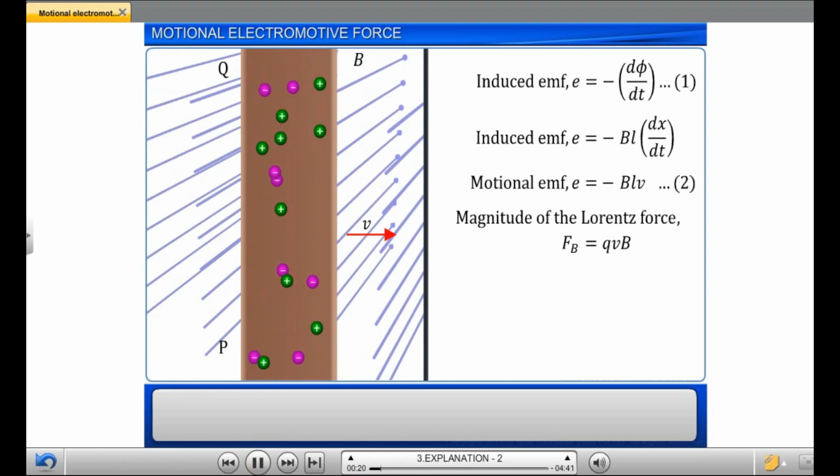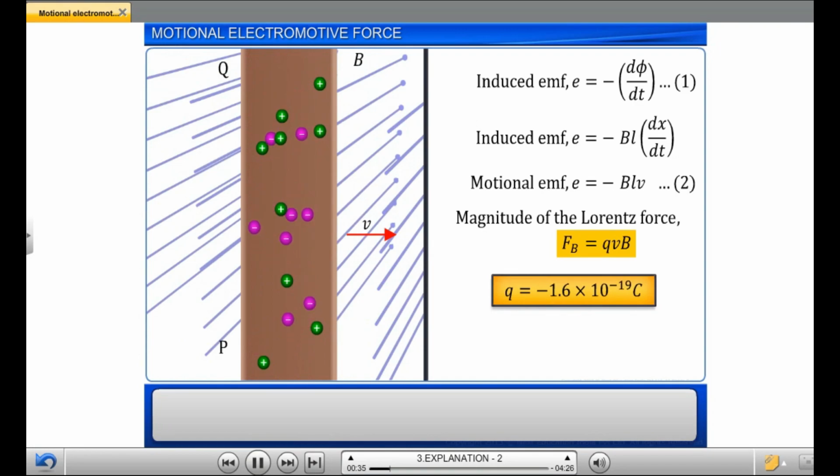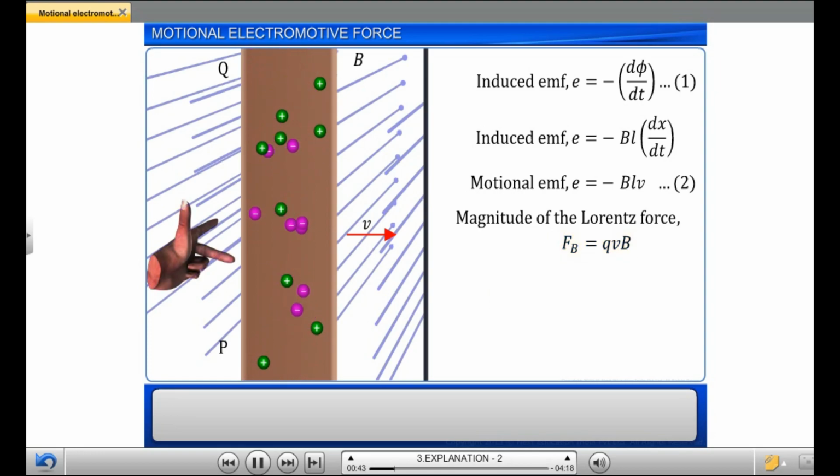The average magnetic force due to the random velocity is 0. But the average magnetic force on each free electron due to velocity v is Fb equal to QVB, where Q is the charge on the electron equal to minus 1.6 into 10 power minus 19 Coulomb. From Fleming's left-hand rule, the magnetic force on a positive charge moving with velocity v in this magnetic field will be along PQ.